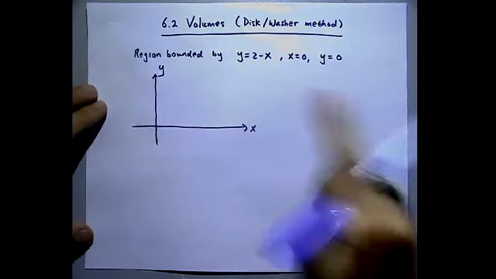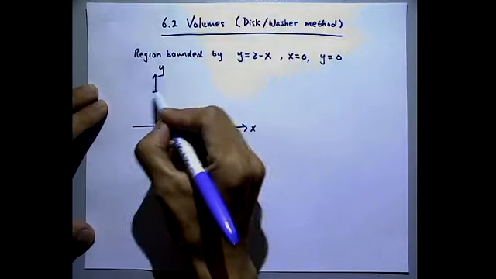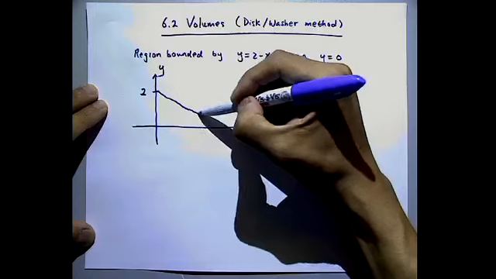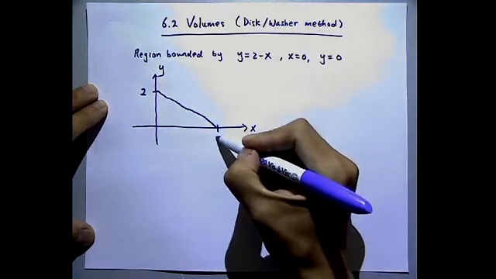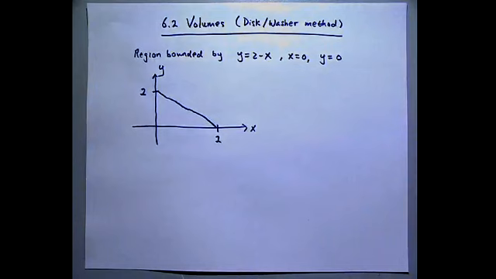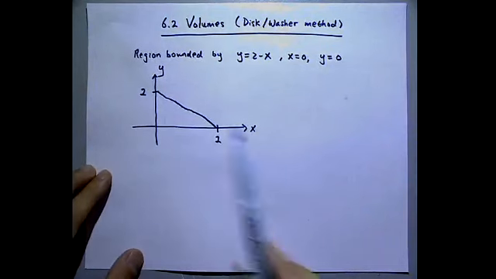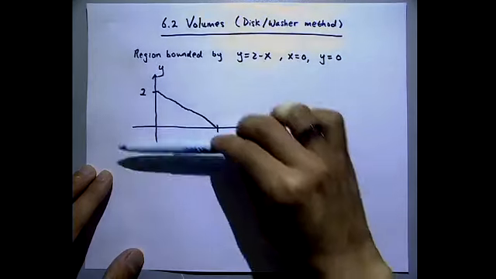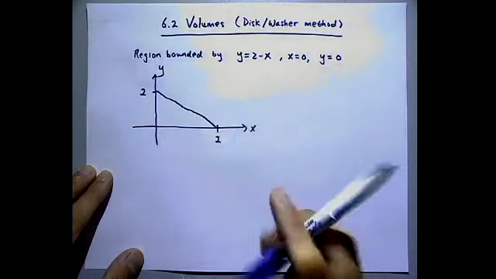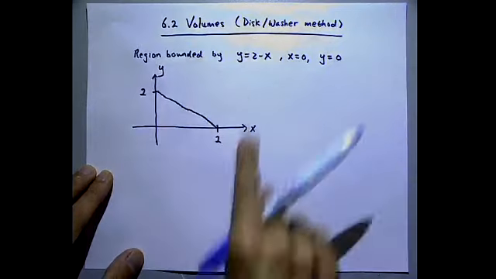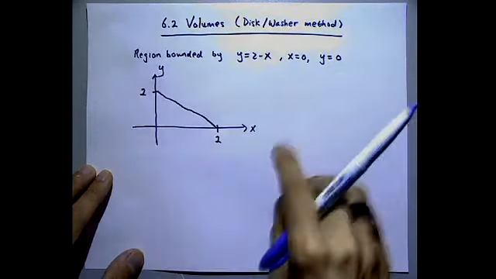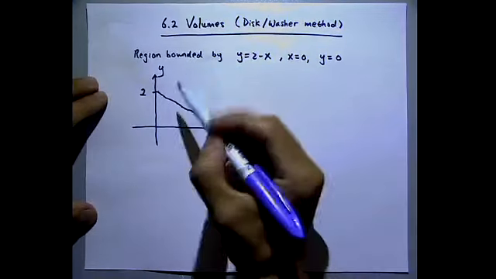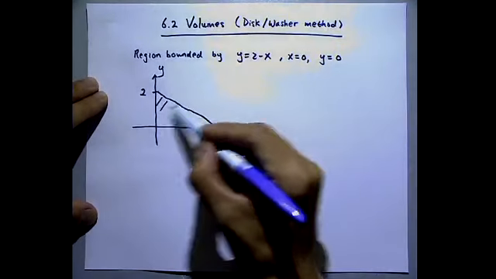Straight line with a slope of -1, y-intercept of 2. And it would also have an x-intercept of 2. And then the region bounded by that, x is equal to 0 is the y-axis, and y equal to 0 is the x-axis. So we're talking about this triangular region that's being bounded on all sides by the curves that we put down. So this region here.